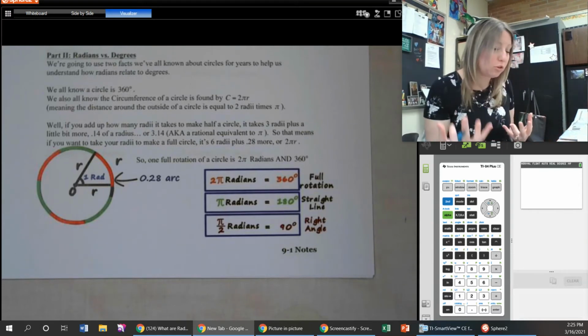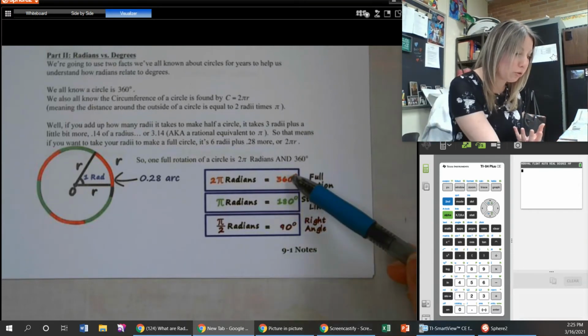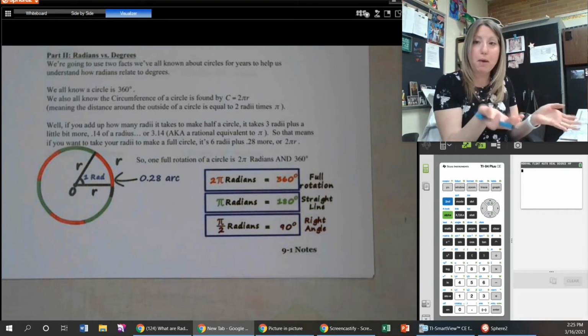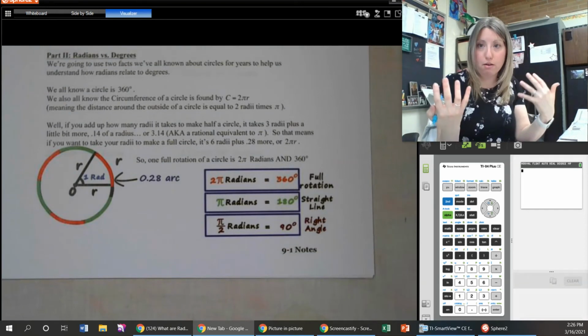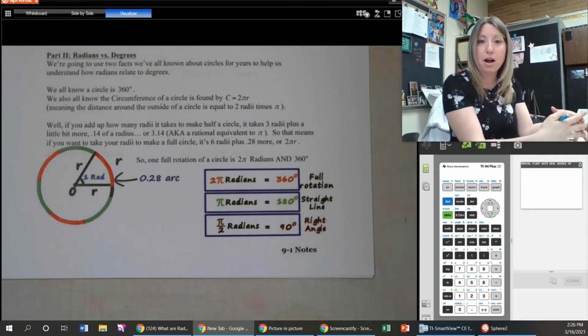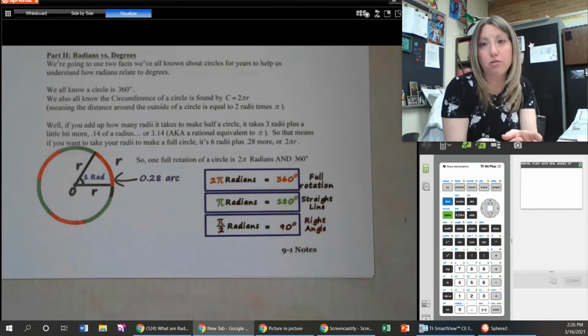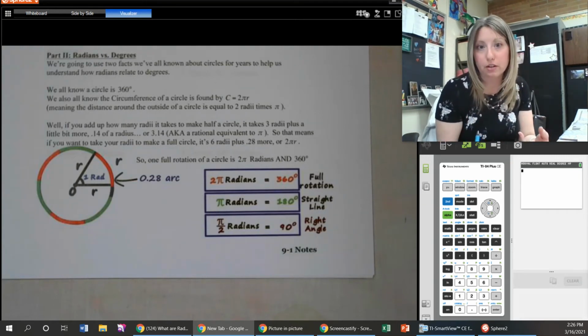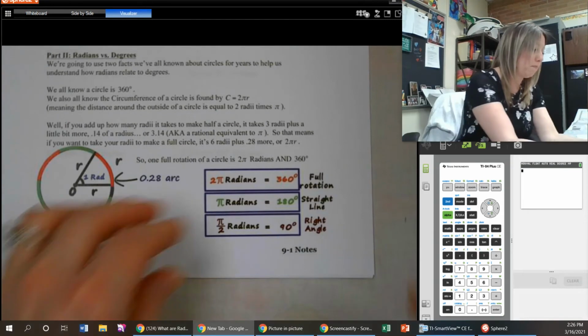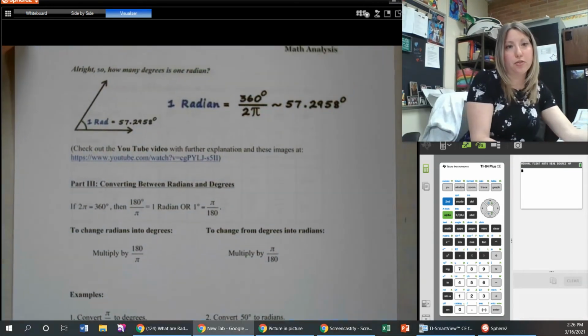And when talking about degree measure, it's going to have the degree symbol involved. And so when we bounce back and forth, that's how you know which measurement you have. Okay. The radians will have a pi involved, and degree measurement will have the degree symbol involved and will be numbers between 0 and 360 for one full rotation.